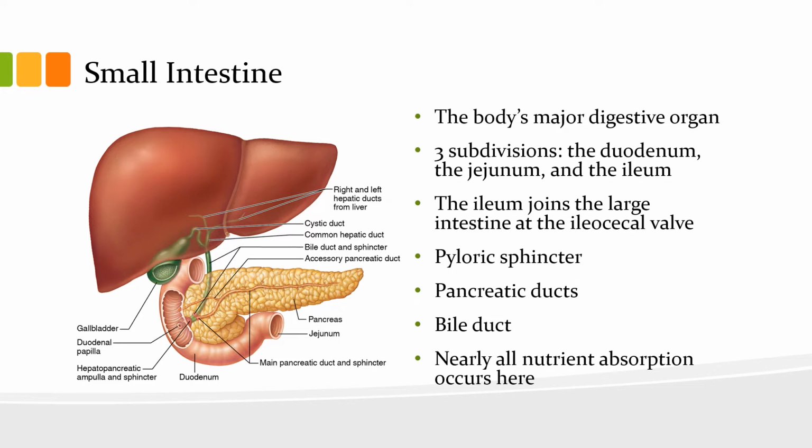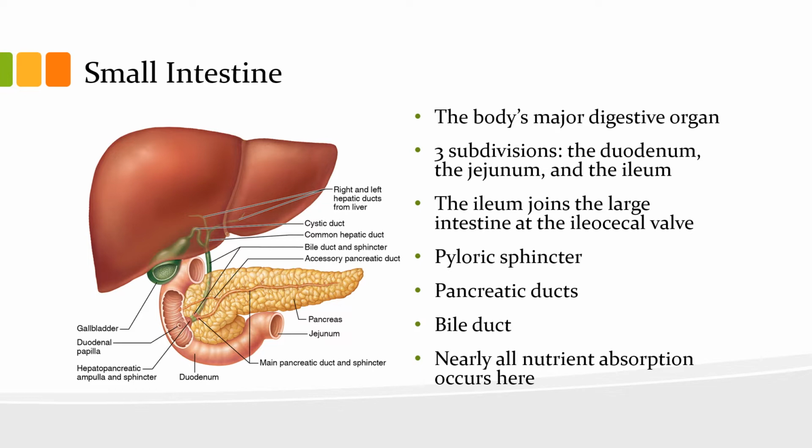Within each villus is a rich capillary bed and modified lymphatic capillary called a lacteal. The appearance of microvilli are sometimes referred to as the brush border because they're tiny little projections.